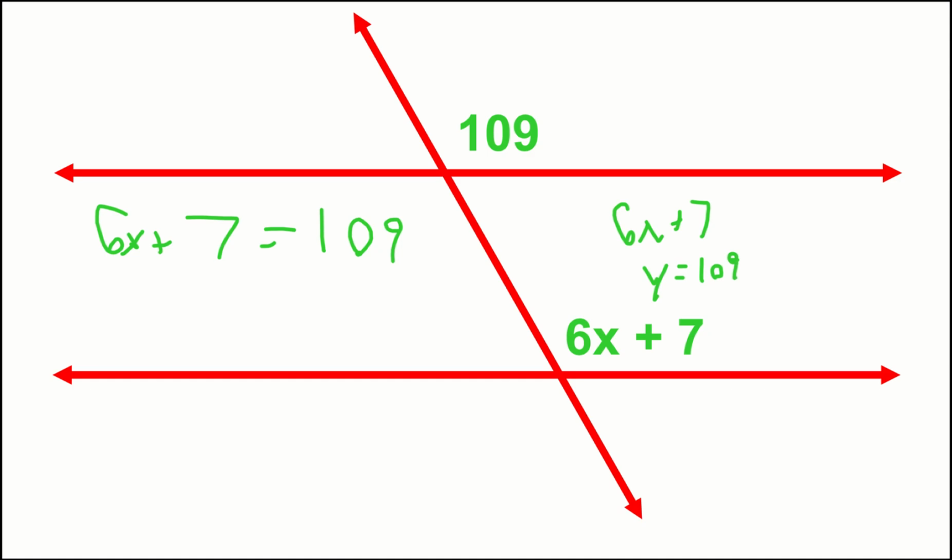You're looking for where they cross. To solve, I subtract 7. I got 6x equals 102. 102 divided by 6 gives us that 17. Okay? Like I said, a little step harder than what we were doing yesterday. Still not a whole lot to it.